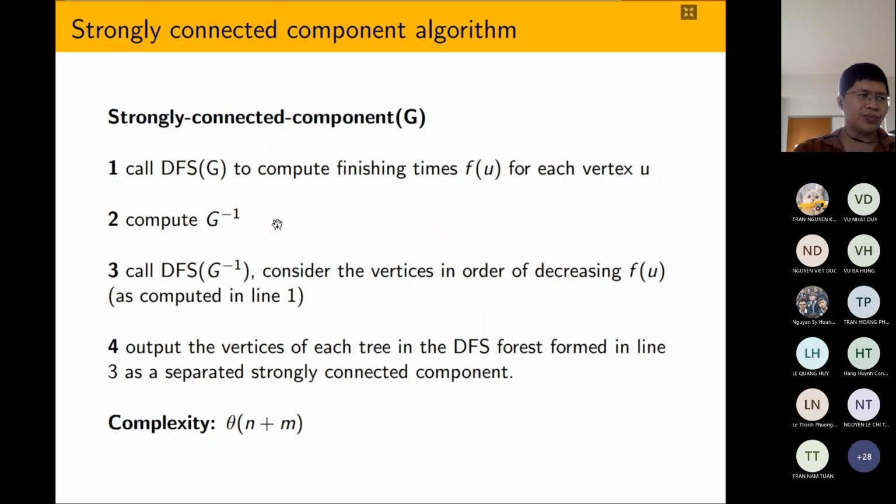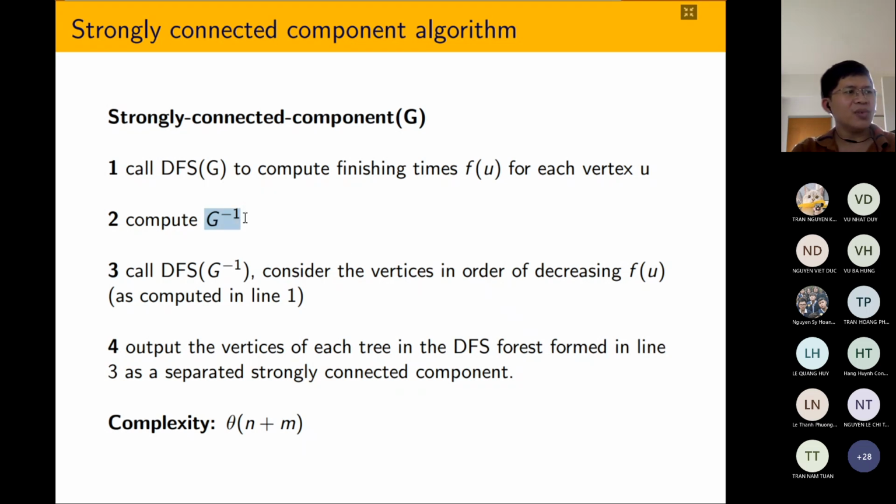So what we want, the first step, is to run the DFS algorithm to compute the finishing time of each vertex.